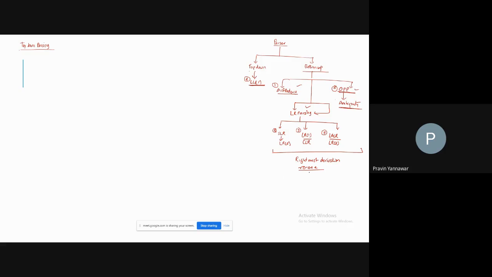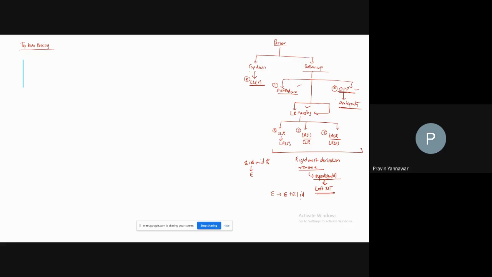It means that we start with the input symbol, and this input symbol is substituted with the leftmost non-terminal. So if the input is id plus id, we say id is to be replaced by E, if the grammar is E implies E plus E or id.